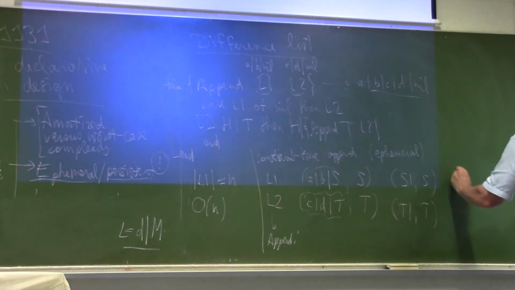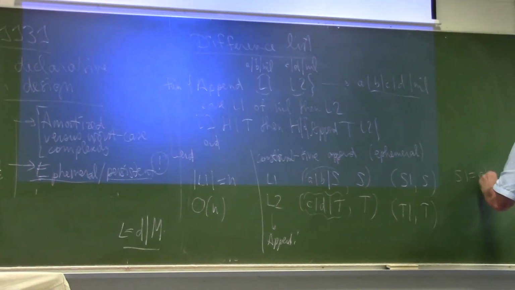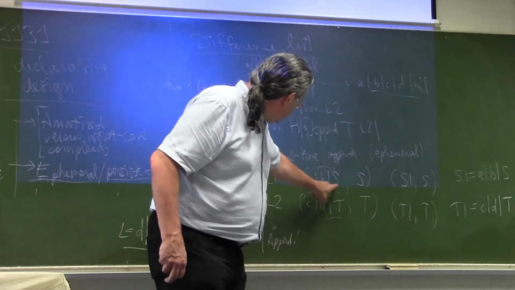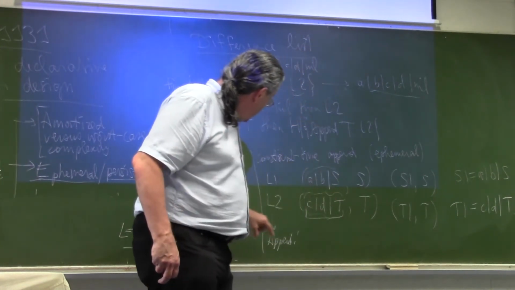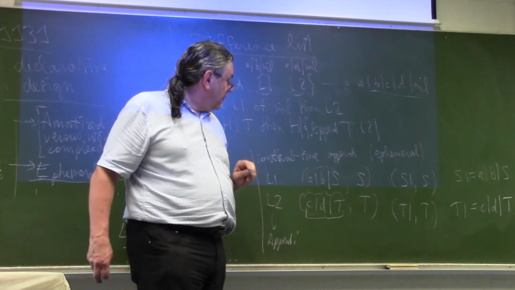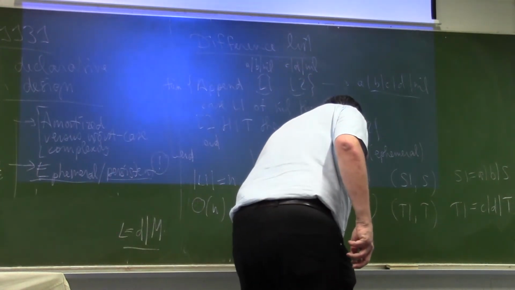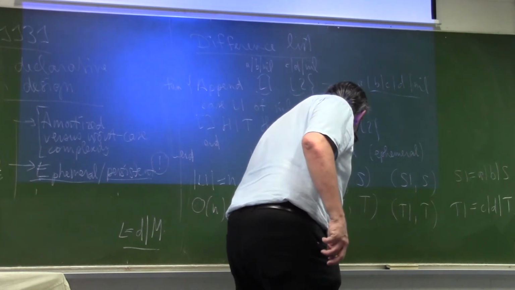In the program, it'll be like this, where S1 is A, B, S, and T1 is C, D, T. So basically, I have to bind S to this, which is the first part of L2. So basically, I have to do S equal T1.